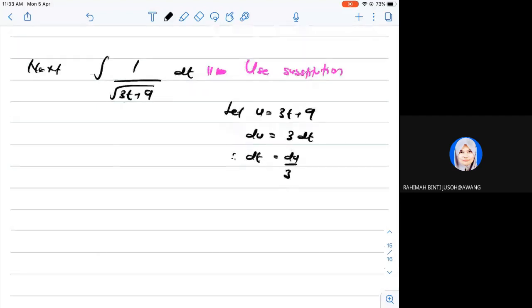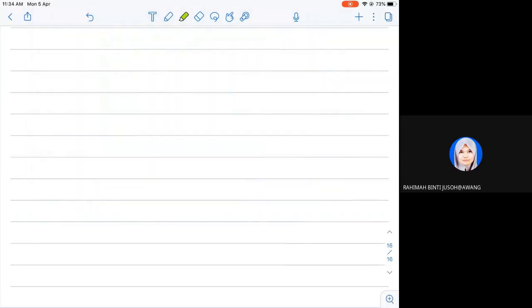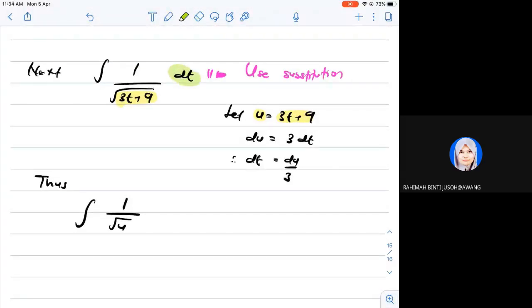Okay, thus, slowly integrate. Okay, 1 per, yang bawah ni adalah u kan. So square root u. Gitu. Okay, and then next ada dt. dt ni bersamaan dengan du per 3.